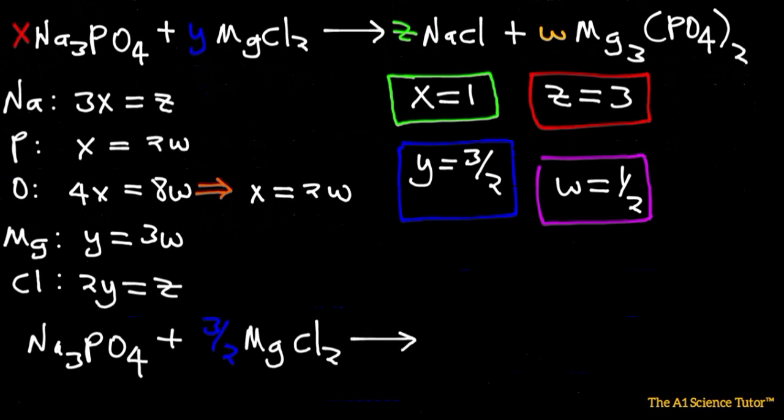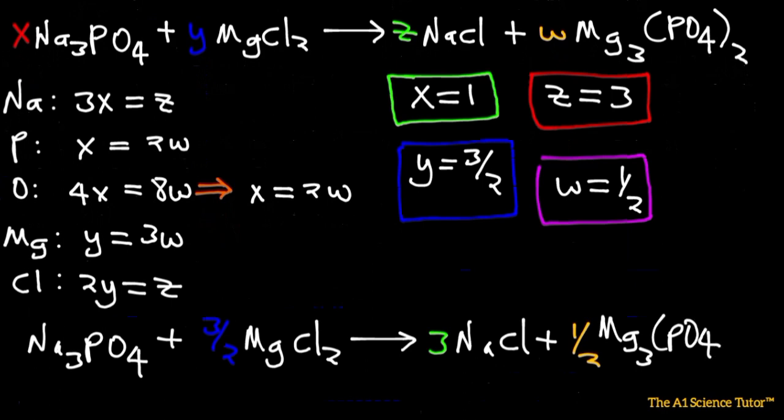And then we have z, that's 3, so that's going to be 3 sodium chlorides. And then we have w, which is 1 half, so that will be 1/2 magnesium phosphate. Okay, so this is what we have.